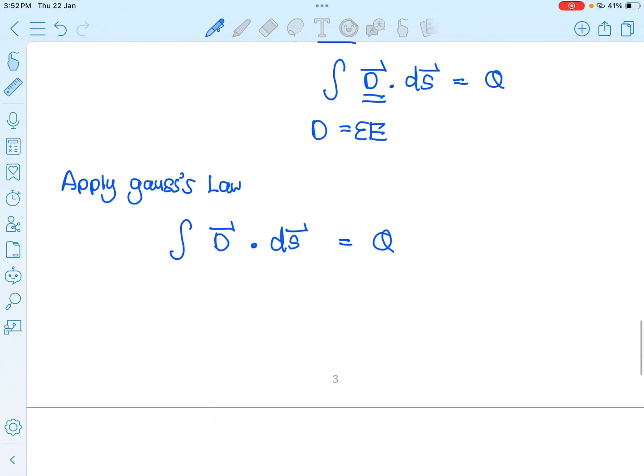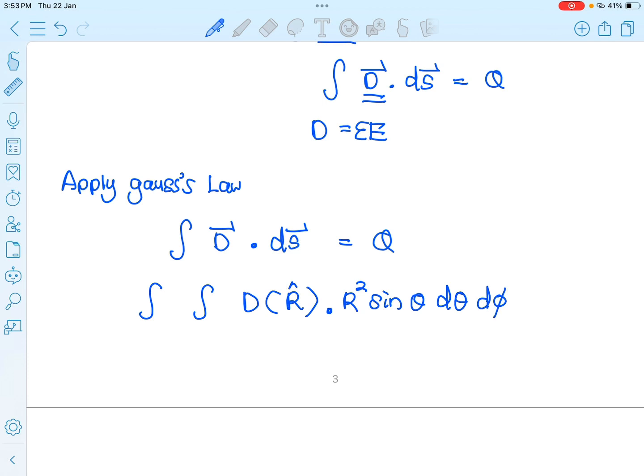For the Gaussian surface, we can use this formula. The D is in the r direction, and then we have r squared sine theta d theta d phi. This is what we always do, right? And this is equal to Q. Over here, don't miss out this r.